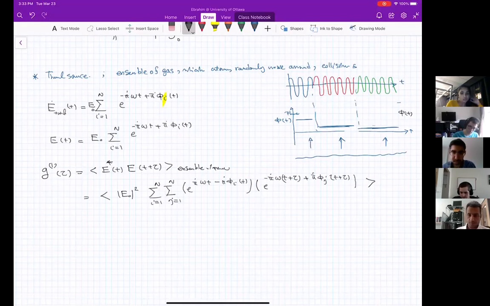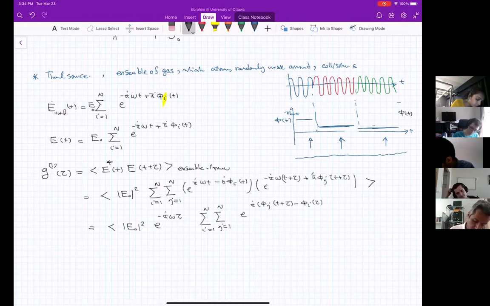And so average. Okay, that can be simplified as E0 squared, e to the minus i omega tau, summation over i from 1 to n, summation over j from 1 to n, e to the i phi j (t plus tau) minus phi i of t.